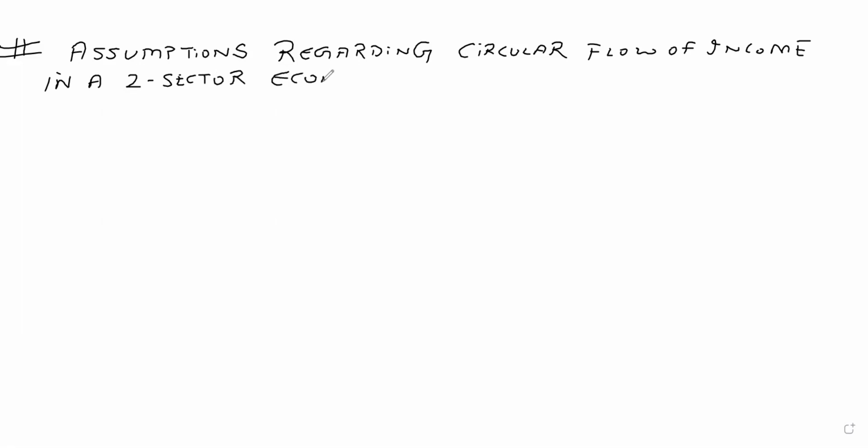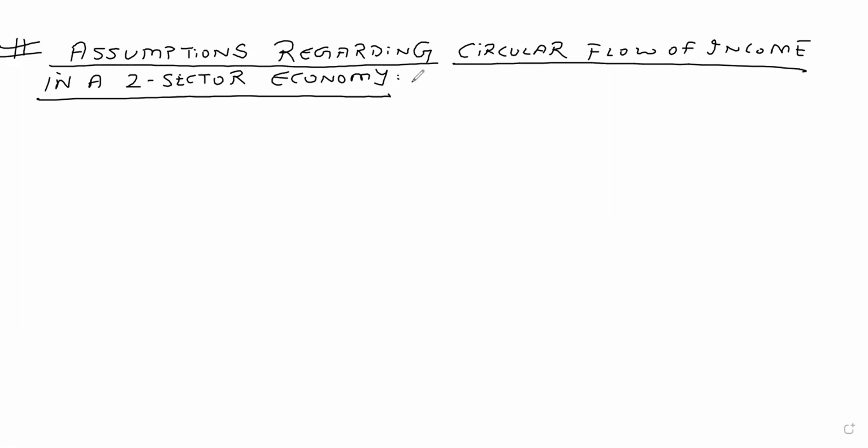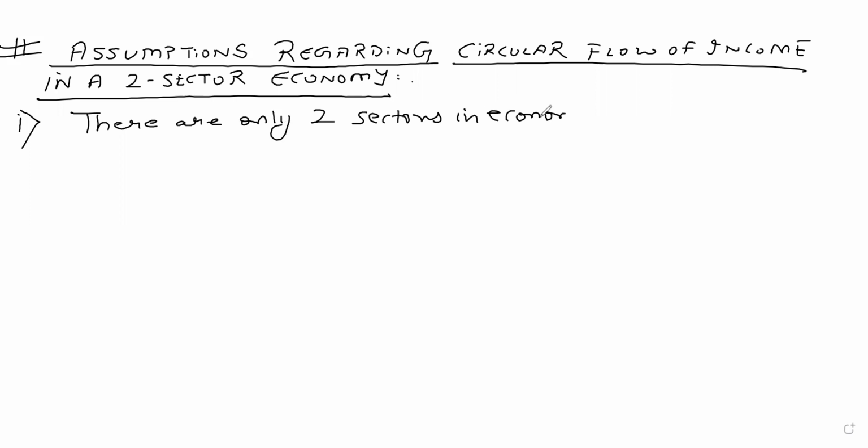So in our course right now, we only have the two-sector economy, and we look at the following assumptions which are made in the circular flow of income model within the two-sector economy. So the first assumption, there are only two sectors in the economy, that is the firms and the households.